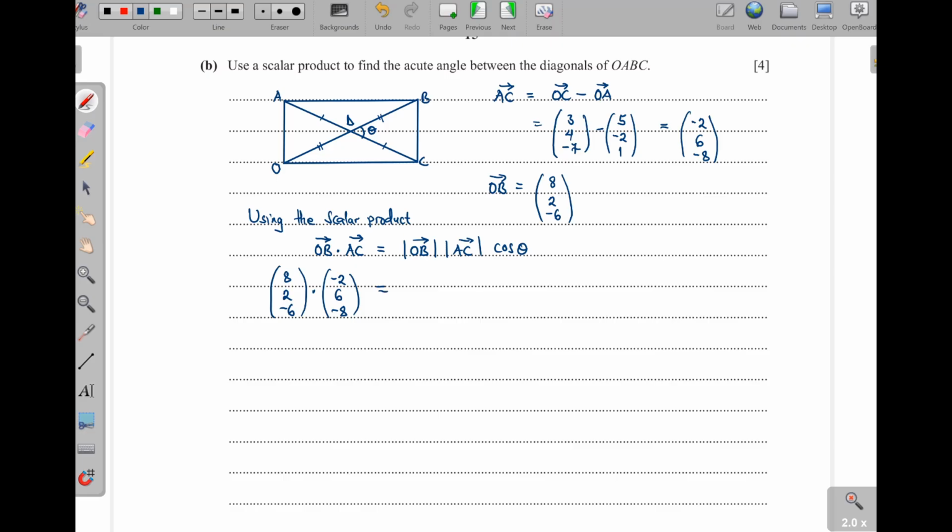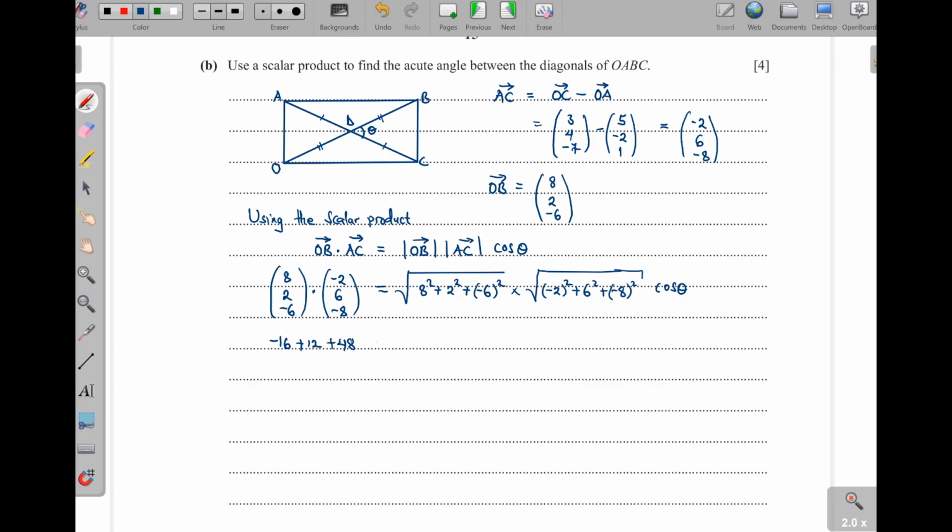And then this one will be equal to the square root of our OB, 8 squared plus 2 squared, we're supposed to add, plus negative 6 squared, then times the square root of our SC, negative 2 squared plus 6 squared plus negative 8 squared, and then cosine of theta. So what do we get here? 8 times negative 2, that is negative 16, and then 2 times 6 gives us 12, and then this one here gives us 48.